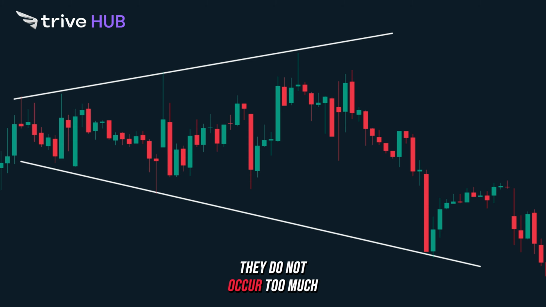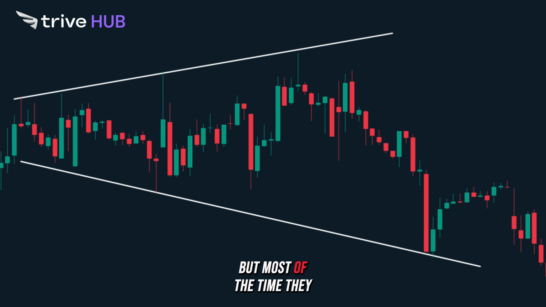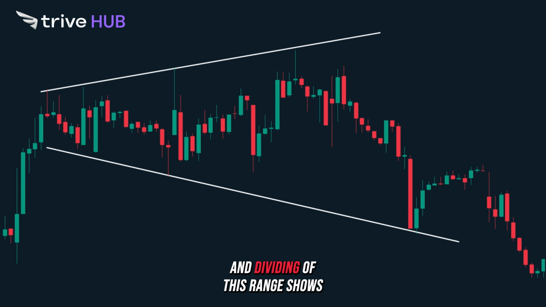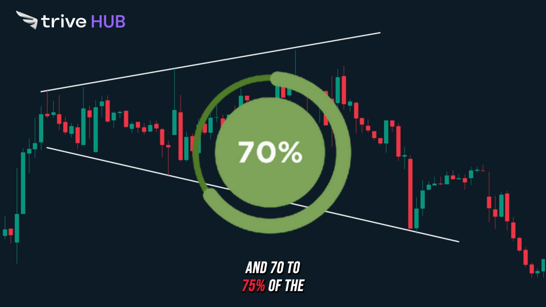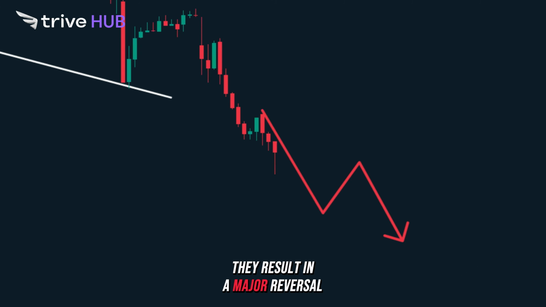They do not occur too frequently in the market as compared to converging ranges, but most of the time they occur at the market tops, and the widening of this range shows that the volatility in the market is very significant, and 70 to 75% of the times they result in a major reversal.